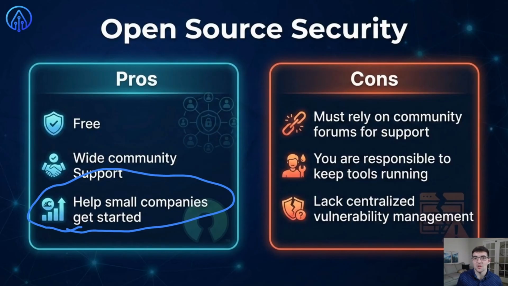The vulnerabilities for OWASP ZAP are going to live in OWASP ZAP. And there's no centralized place to manage all of these. When you start upgrading to more enterprise-grade tools, they do have consoles where you can manage all your vulnerabilities in one place. That is a drawback, but I think for getting started, open source tools like these are perfect for small to medium-sized companies.